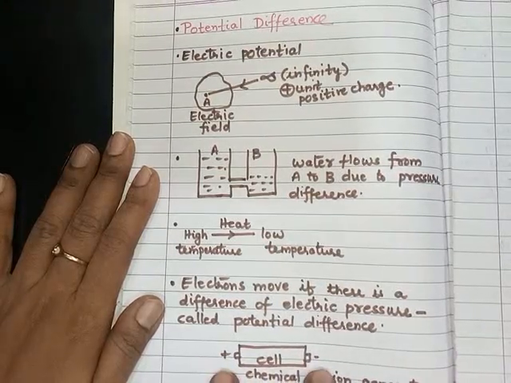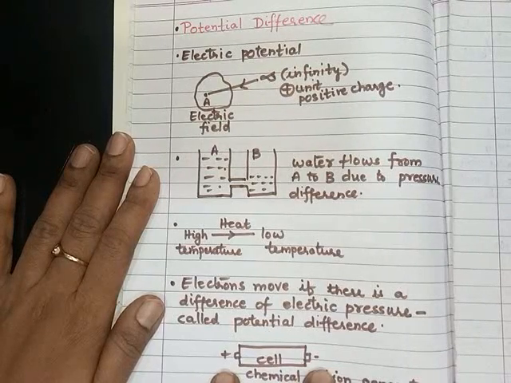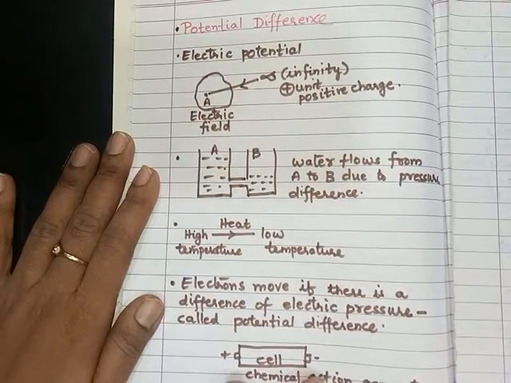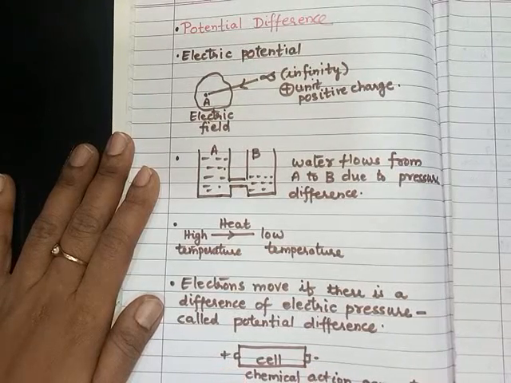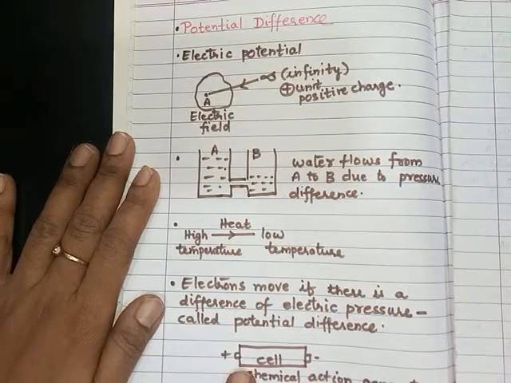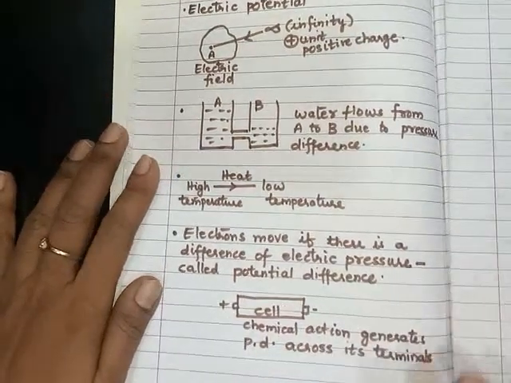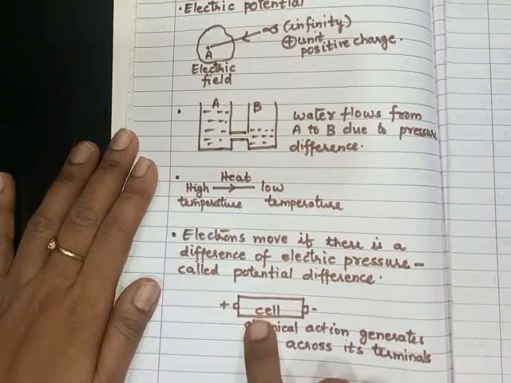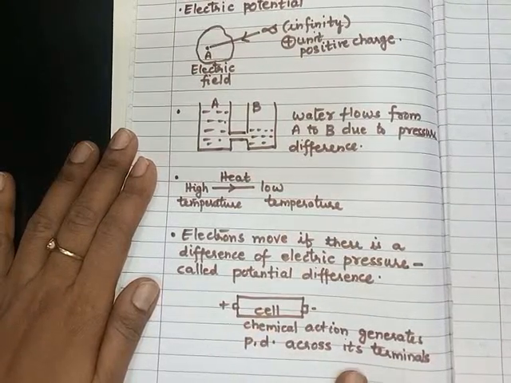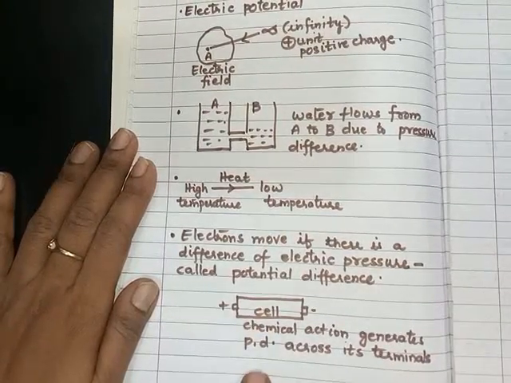If this cell is now connected across a circuit, it will create this potential difference across the terminals, and this potential difference will be responsible for the charges to move through the circuit. So the cell or the battery's job is to provide the potential difference.